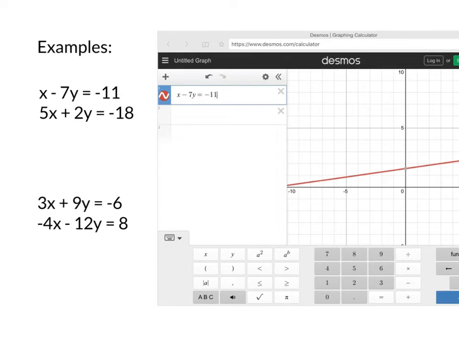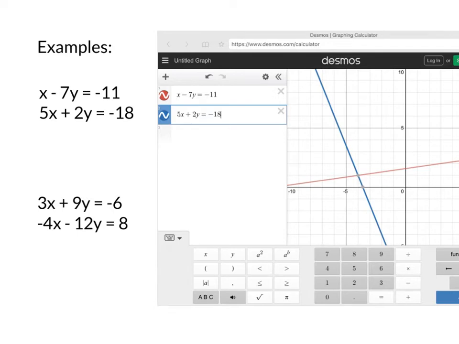So there's one line. And my second line is 5x plus 2y equals negative 18. And this is a little bit different than our normal calculators. The minus key serves as a negative key also. So if you're like, well, how do I put a negative? You just use the minus button.